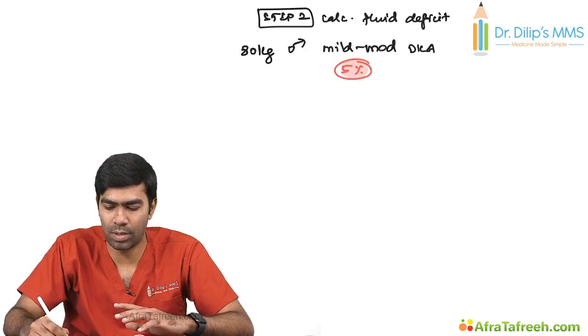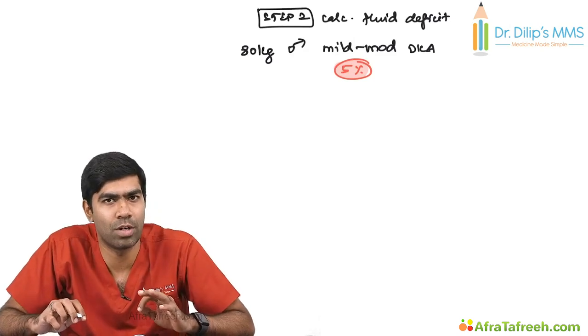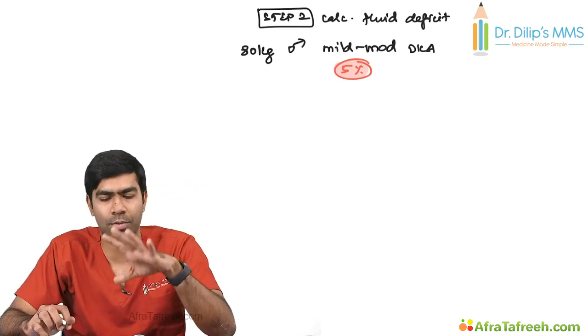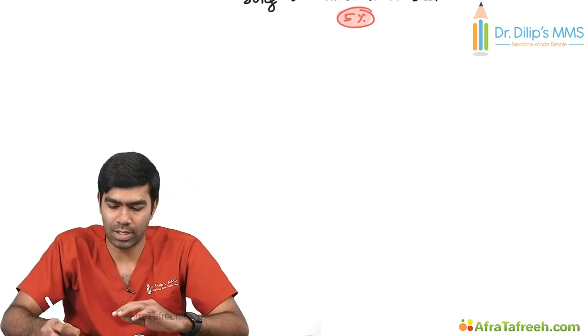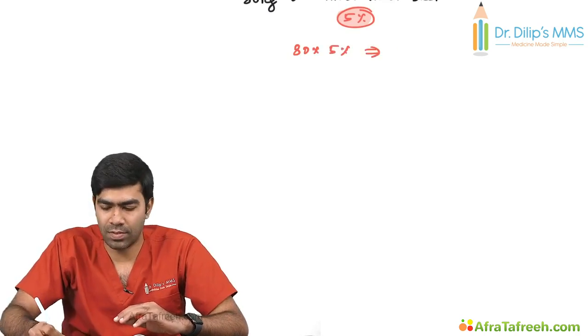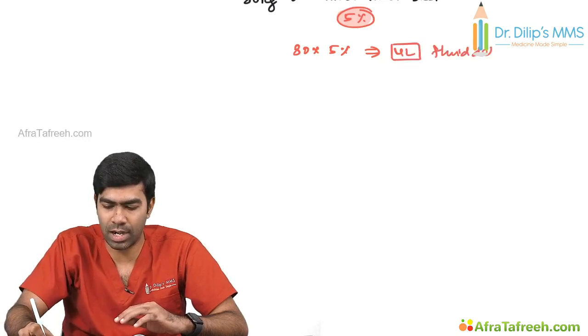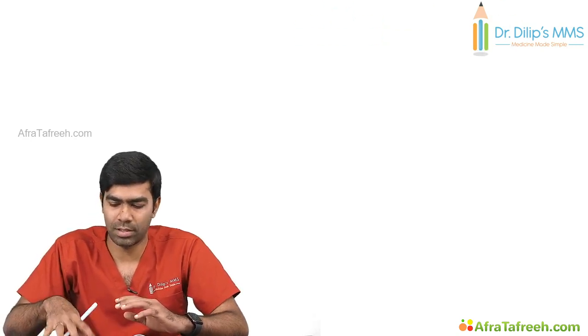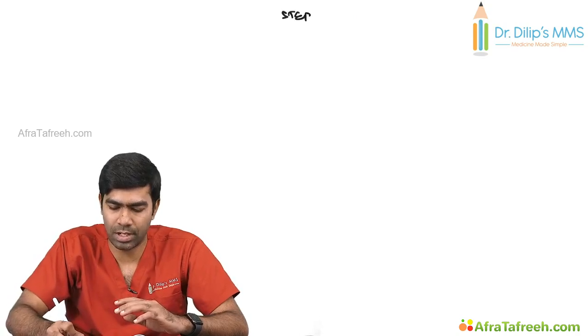I'm going to take the lower limit, that is 5%, because in decay, as I told you before, the fluid deficit assessed clinically is often overestimated. So I'm going to take the lower limit, 5%. So in this setting, 80 multiplied by 5% will give the value of 4 liters, and that is going to be the fluid deficit in our patient. And I'm going to replace the 4 liters. So I'm going to replace, let us go to step 3.